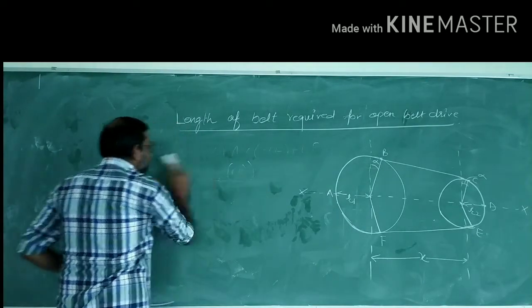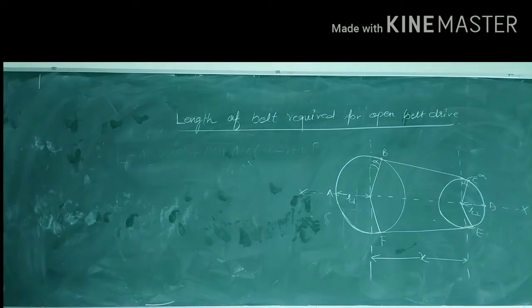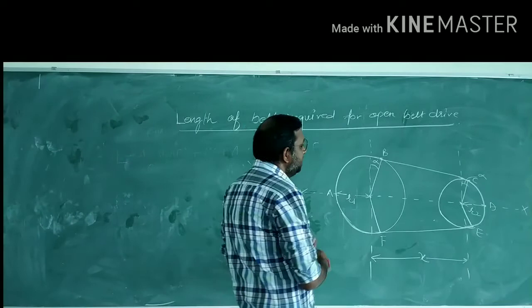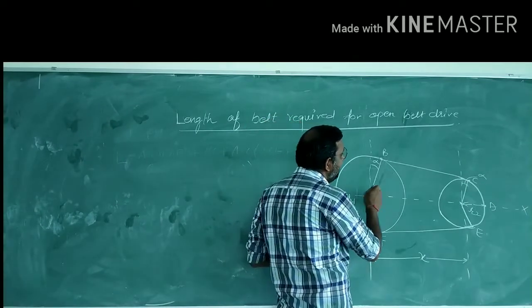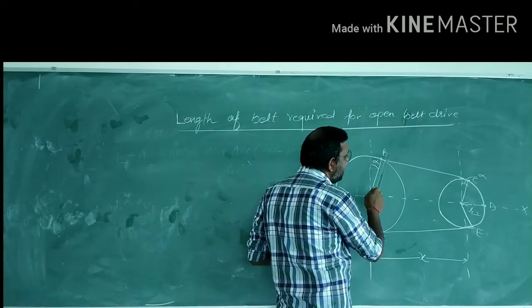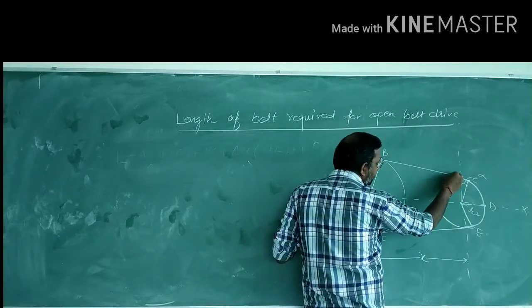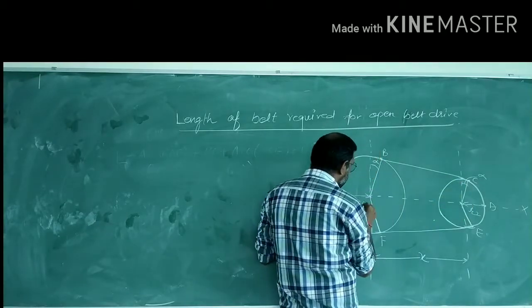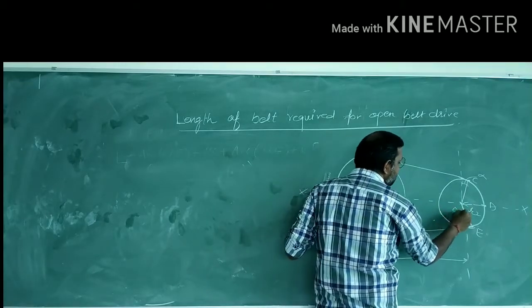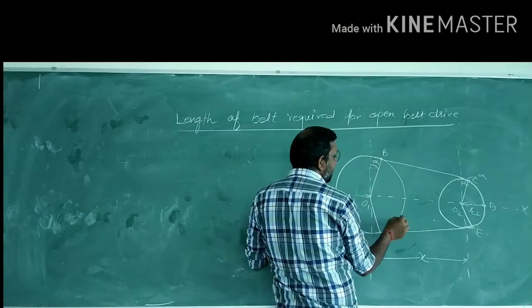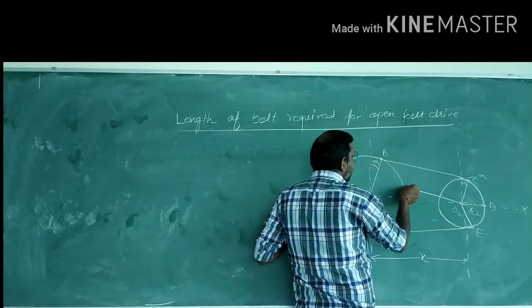Okay, so now initially we need to find BC. Since we directly cannot find BC, in order to find BC, what we have to do is draw a line parallel to BC starting from this point. Let's say this center is O1 and this is O2. So from this point onto this line O1B, draw a parallel line.